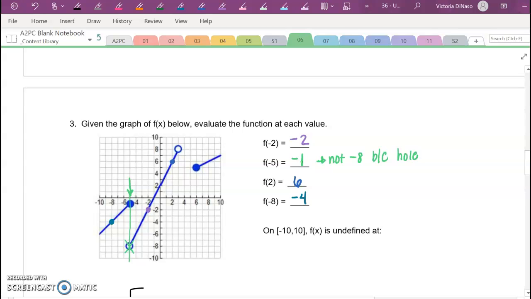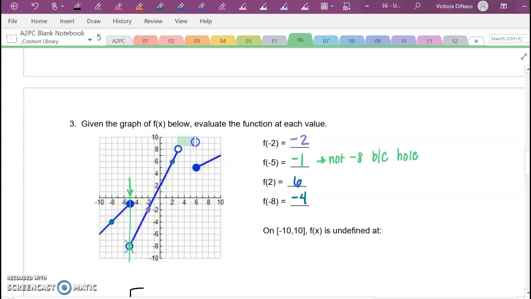All right, so for this problem number 3, we don't have any holes in the graph, all right? This x equals negative 5 is compensated because we have a point at negative 5, negative 1. So that's not a hole. Another time that we could have something undefined is when we have a gap, okay?